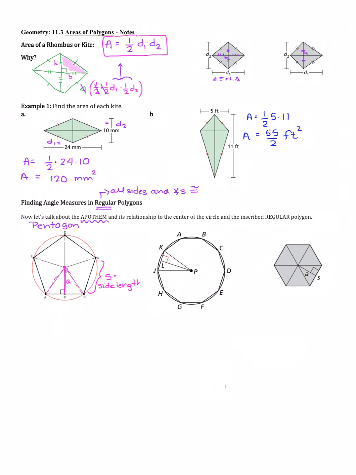We're going to identify all our variables. Then n is going to represent the number of sides. So in this one, in the pentagon, we have 5 sides. Sometimes you will also see P, which will represent perimeter. And remember, perimeter is the length of a side times the number of sides.